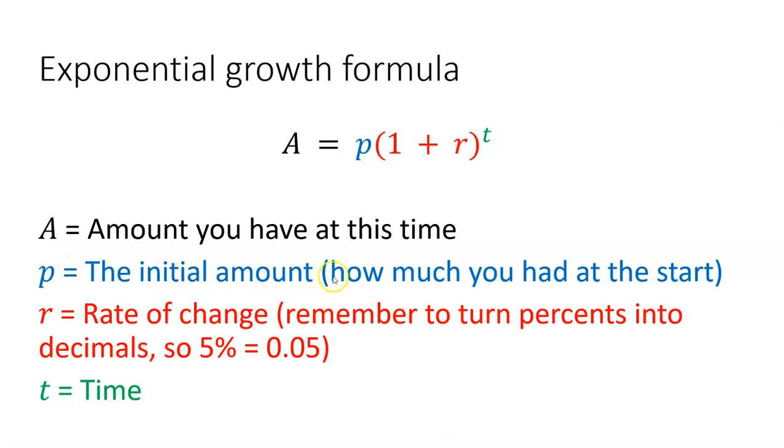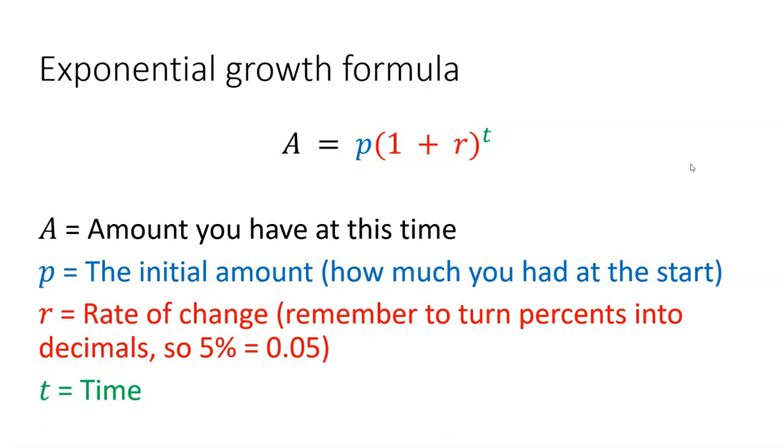P is our initial amount, which in our problem was 100,000. The rate of change, remember to turn that into a decimal. So if it was 5%, it would be 0.05, and we'll add it to 1 because things are going up. Time is in the exponent spot because that's how many times we had to keep multiplying by that number. And then A is the amount we have at any given time.